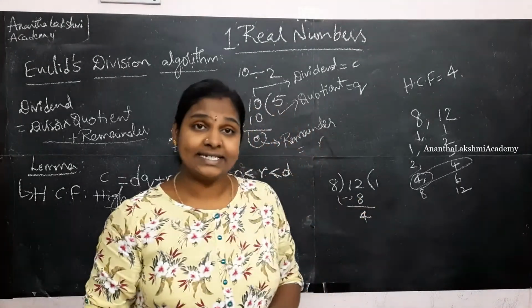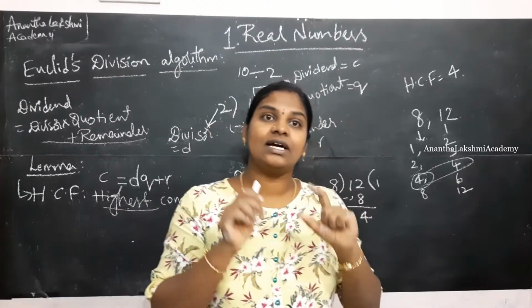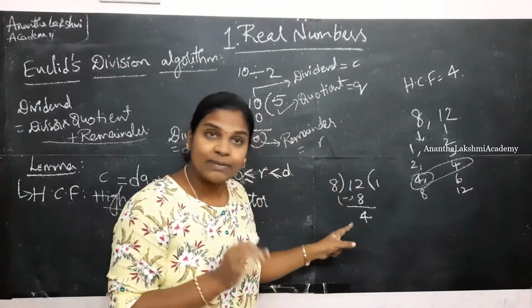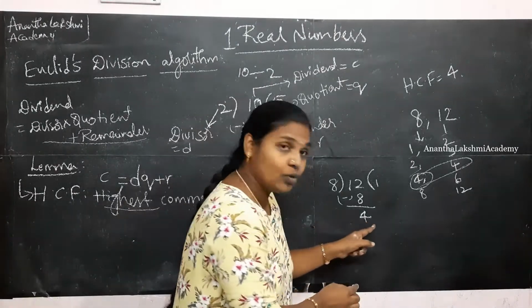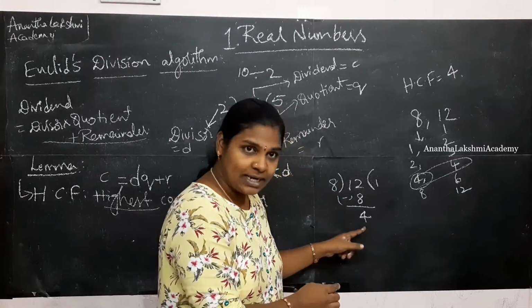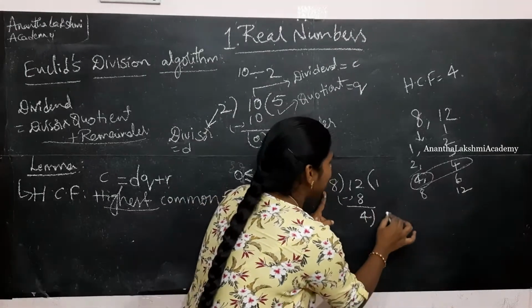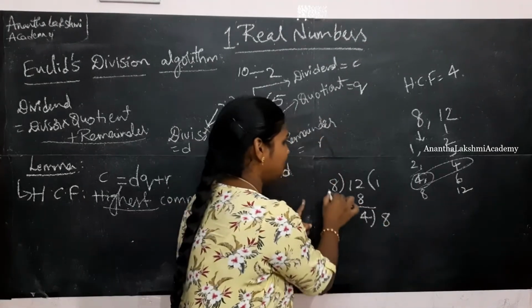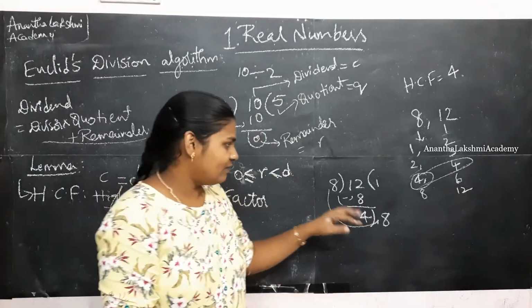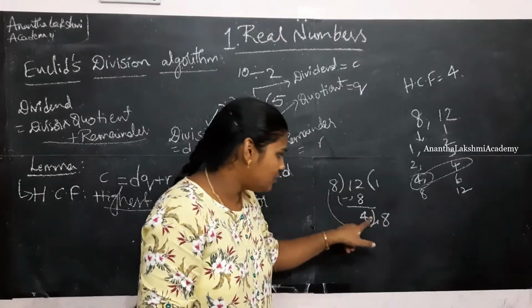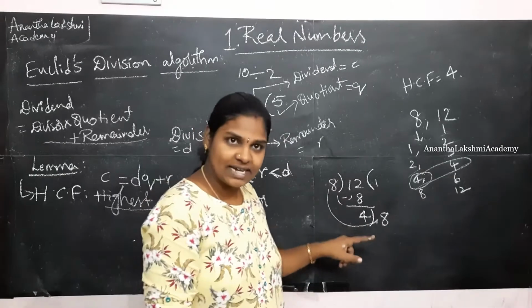Now what he says is, in order to obtain the HCF, if the remainder is not equal to 0, then we are going to use this remainder to divide the divisor. So this guy is going to come here. If the remainder is not 0, then we are using this number to divide the divisor.